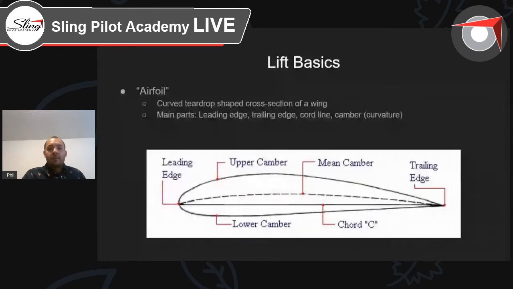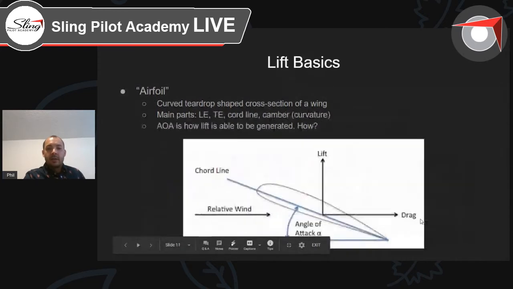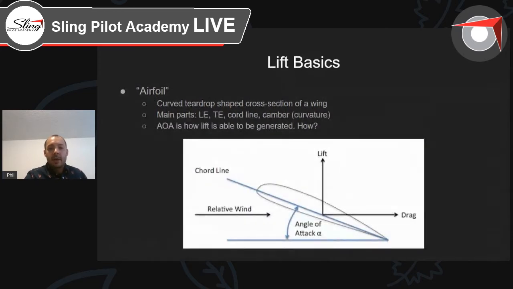Few terms that we're going to want to refresh ourselves on will help us talk about these different aspects of these ships and the hypothetical lift that these ships might produce. In particular, the leading edge in the front. This is the shape of the airfoil right here. So the leading edge in the front, of course, and the trailing edge in the back. And then, of course, the line that is formed between the leading edge and the trailing edge, that chord line, and the angle of attack that is formed by that chord line.